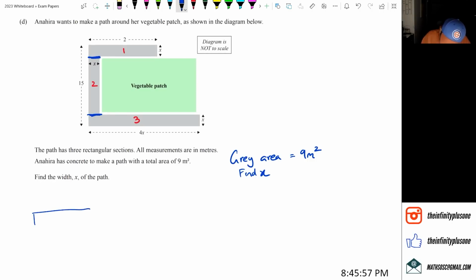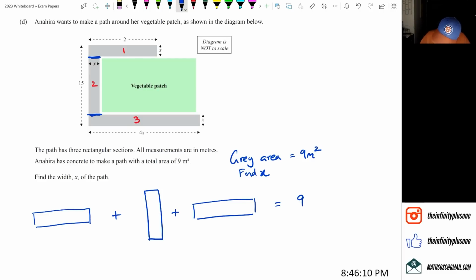When we add up these 3 rectangles, we are going to get 9 meters squared.